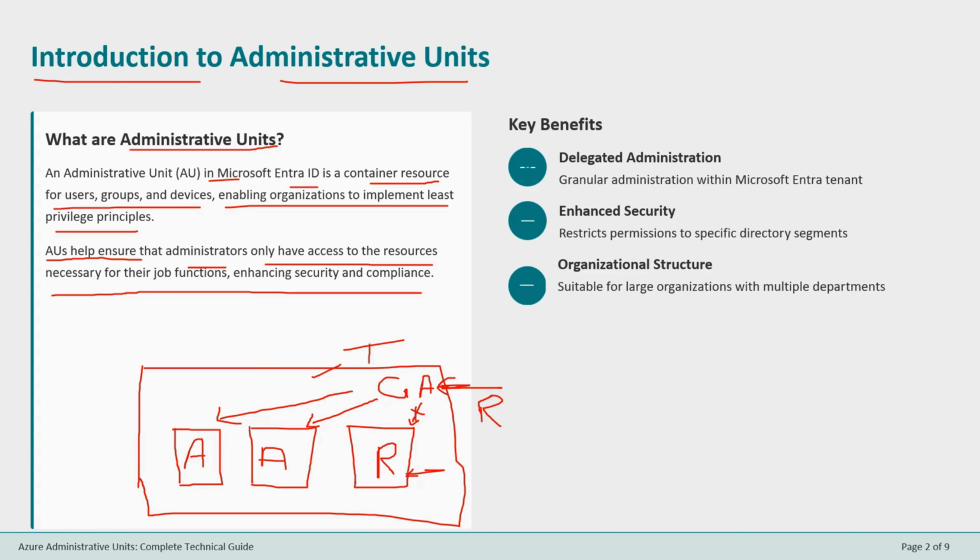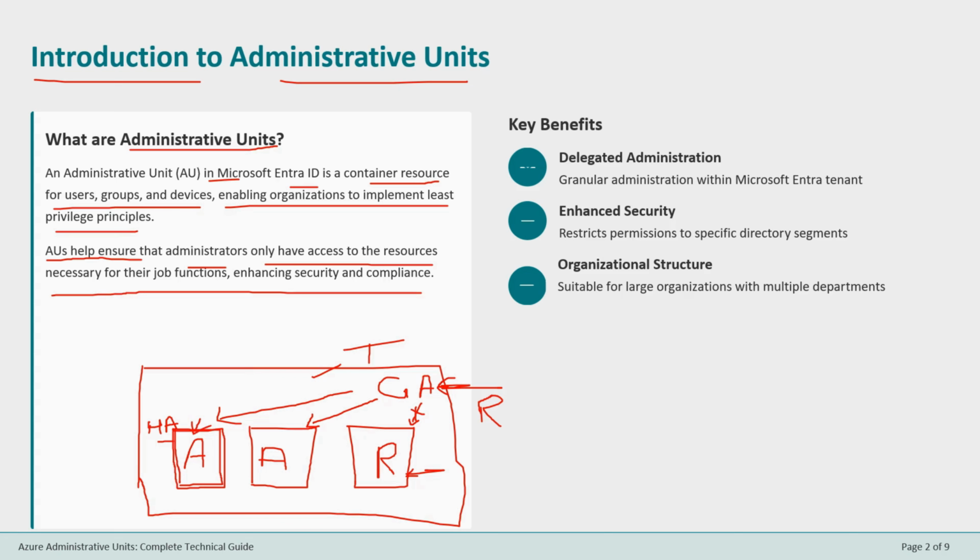So how does it work? For example, this is the GA, but suppose you have to give access to a help desk. You can create an administrative unit, and in this administrative unit you can give a help desk administrator role. So for example, we have created the help desk administrator role, HA. This role will be applicable under this container only.